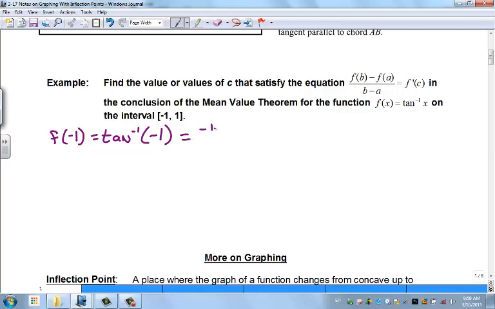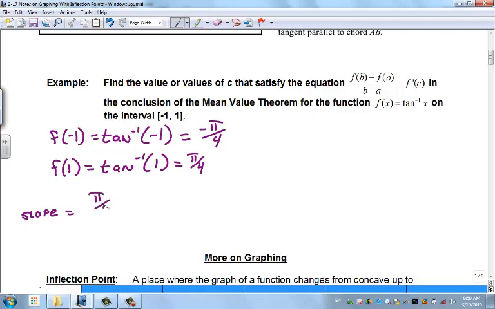That is negative pi over 4. And then f of 1 is equal to the tan inverse of 1, the angle whose tangent is 1, and that is pi over 4. So the slope between f of negative 1 and f of 1 would be equal to the following.